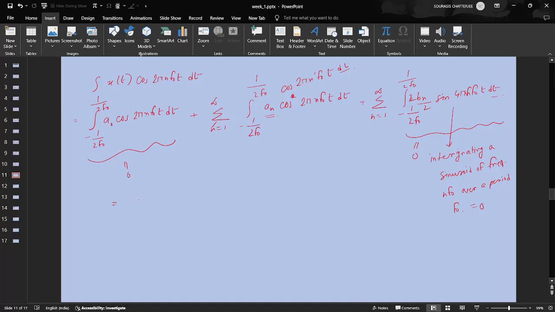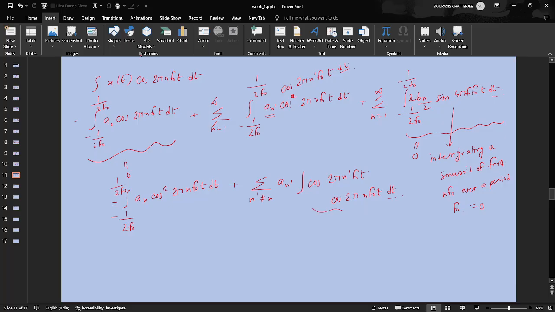Now this one here corresponds to a n. We'll have a n, integral from minus 1 over 2 f naught to 1 over 2 f naught of a n cos square 2 pi n f naught t dt, plus the sum over n dash not equal to n of a n dash, this should be n dash here, integration cos 2 pi n dash f naught t cos 2 pi n f naught t dt.